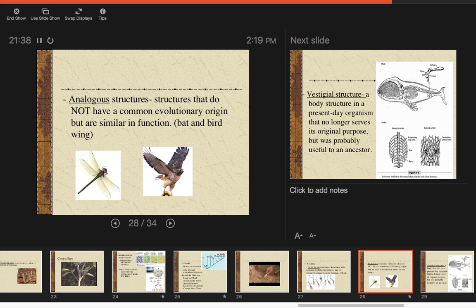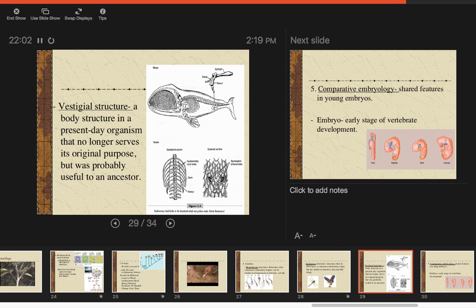The next one would be an analogous structure. These don't have a common evolutionary origin, but they do have a similar function. So in other words, like the wings of a butterfly and the wings of a bird. Structurally, they don't look the same, but functionally they are the same. They both help fly. And then the last one in this category, vestigial structures.